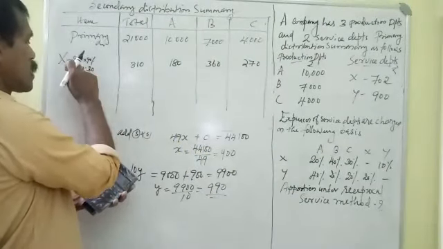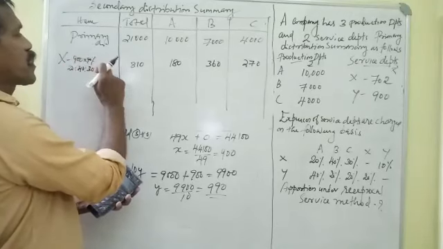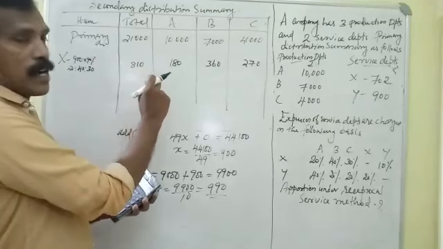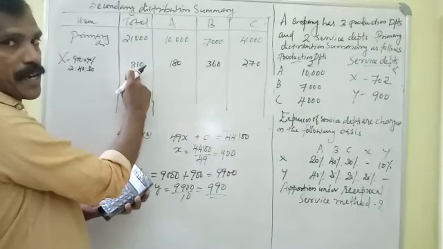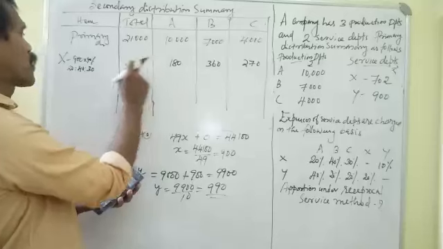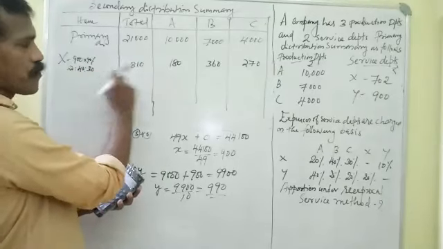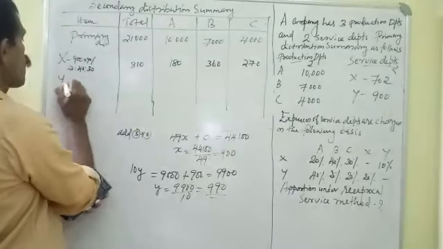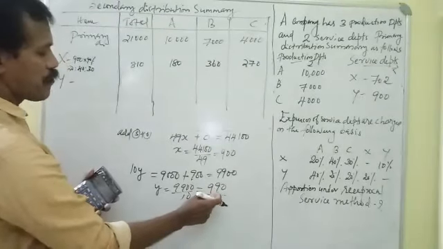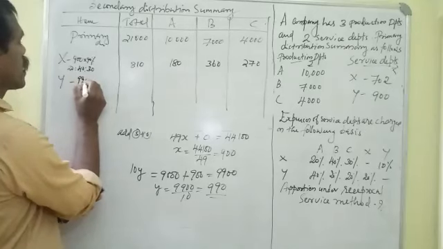So in this 900, 90% is actually available for this A, B and C. 900 into 90%, that comes to 810. Then 810 we distributed in the ratio of 2:4:3. 180, 360, 270.